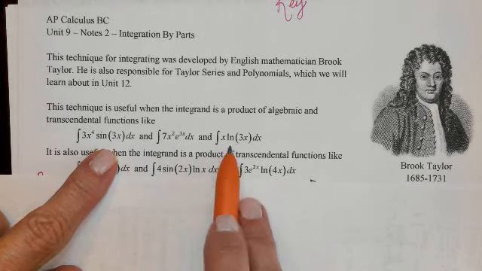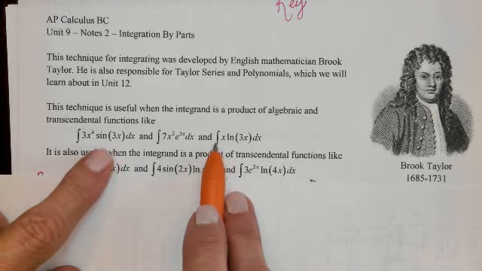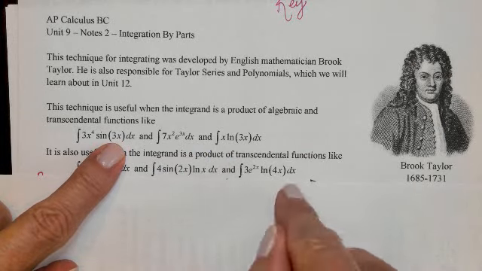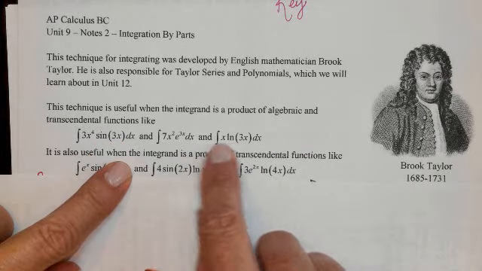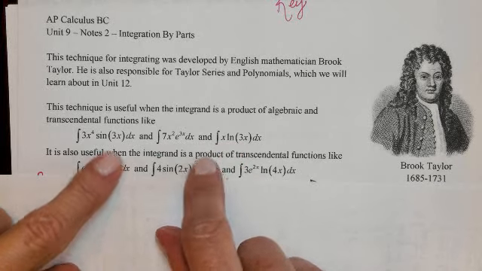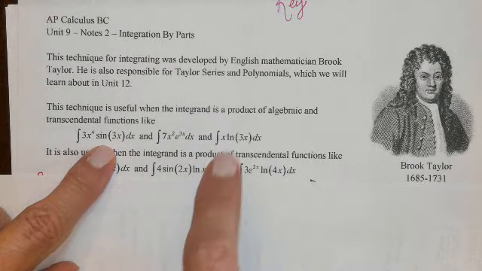Another transcendental function is natural log, or all of the logs. Transcendentals are the trig functions, the inverse trig functions, the exponentials, and the logarithmics. So that's your cue to use integration by parts.